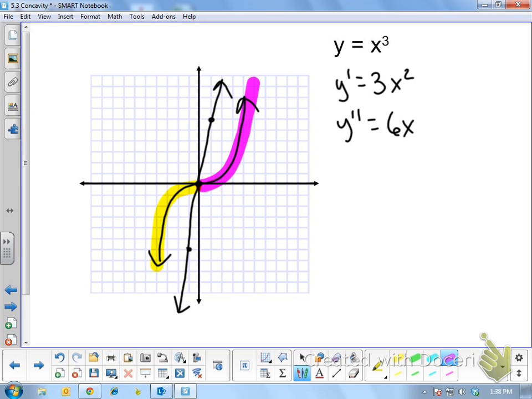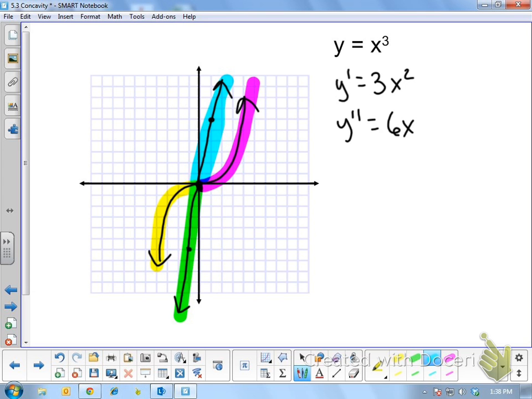So then we want to look at f double prime and see if there's any distinctive parts about f double prime when we're on that same interval. So if I'm on the interval from negative infinity to 0, how is that different from 0 to infinity when I'm on f double prime?